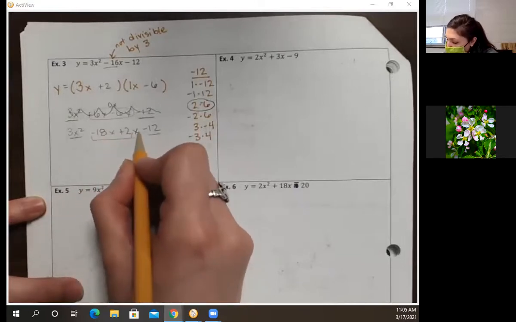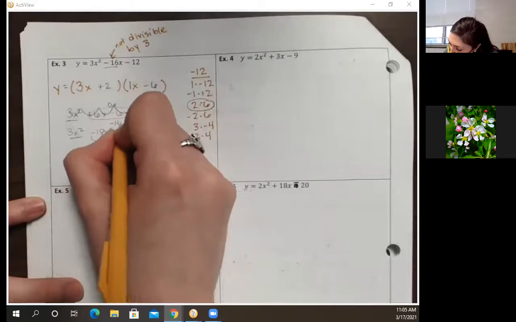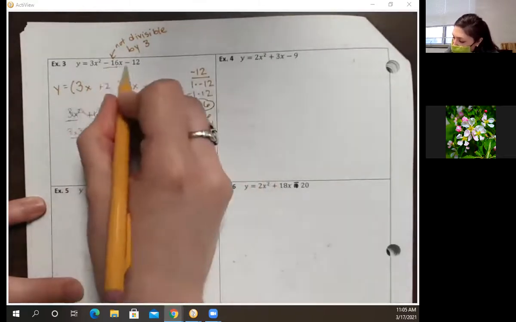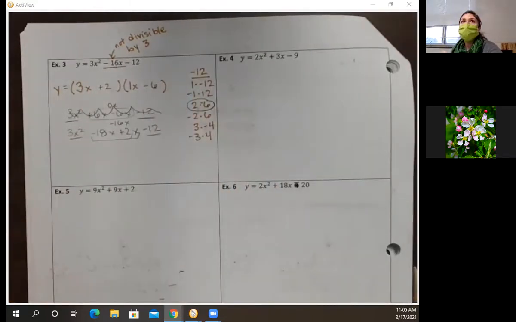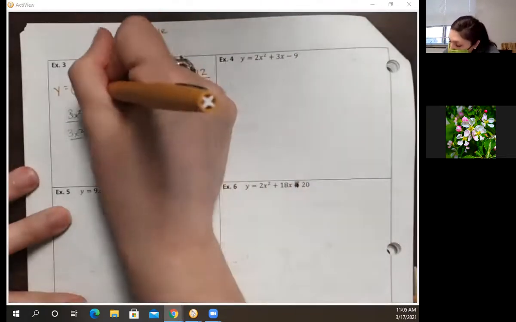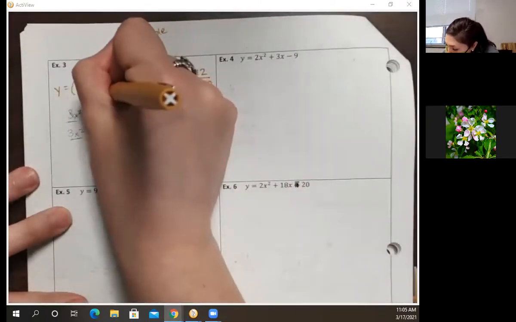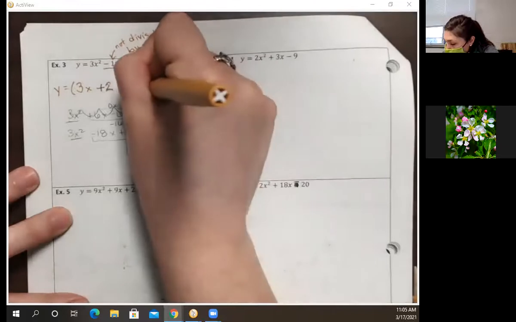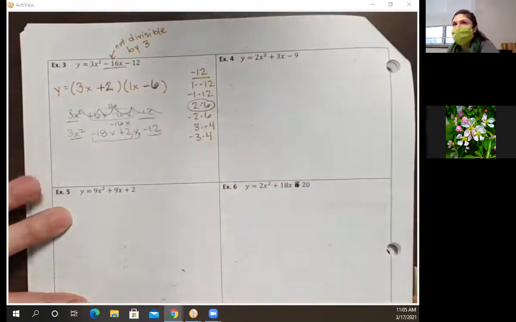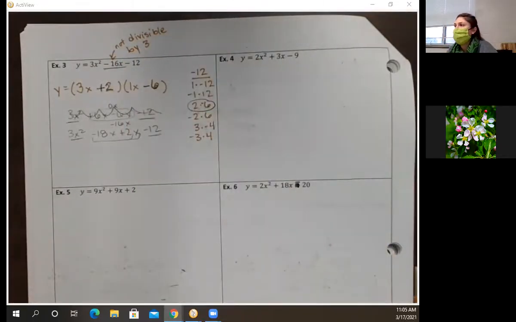Negative 18x plus 2x would be negative 16x. There we go. That's what we wanted. So our factored form would be 3x plus 2 times x minus 6. I had a little guessing and checking to do here, right? I tried something, I checked it, it didn't work, I tried something else. That's going to be kind of our theme for today.